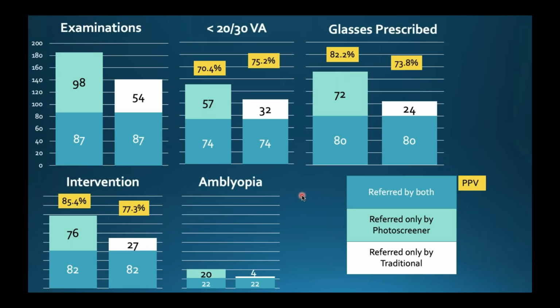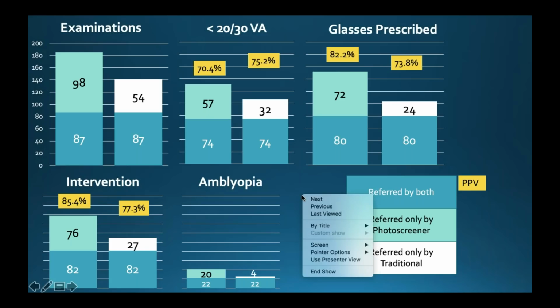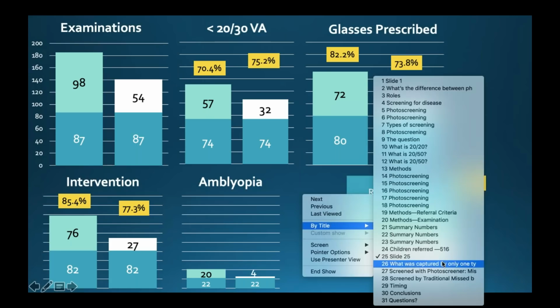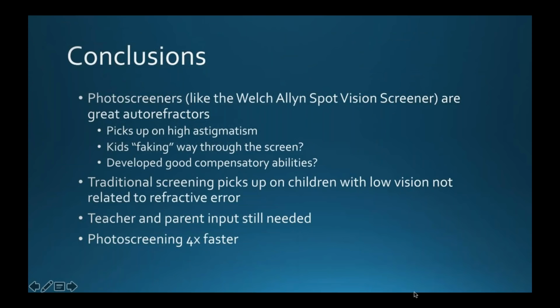Sarah is asking about the reliability in regard to students with special needs or students who may have cultural or language barriers. Photo screeners are awesome for these children. With language barriers, with children who can't participate in a visual acuity measurement, photo screeners are amazing because you don't have to cooperate that much.